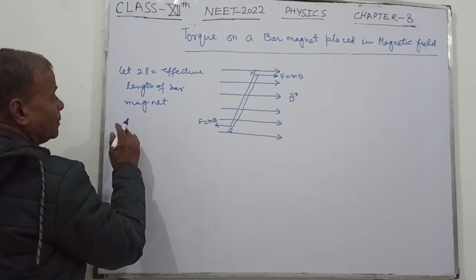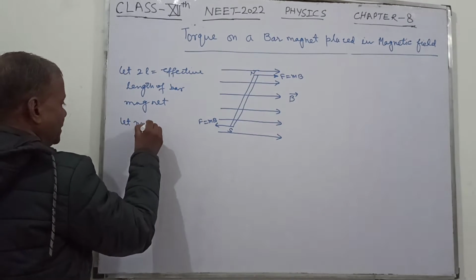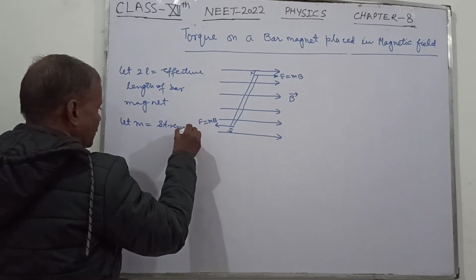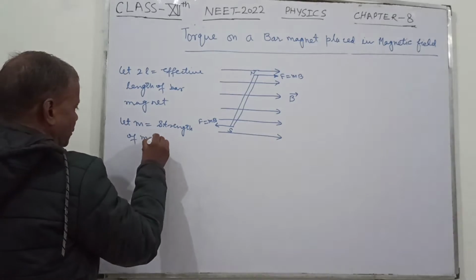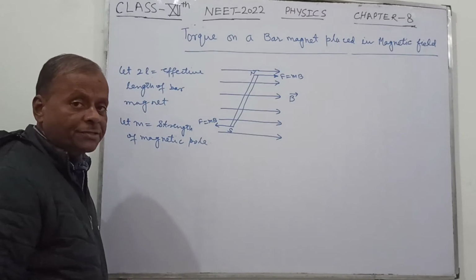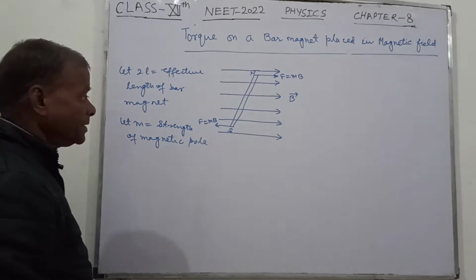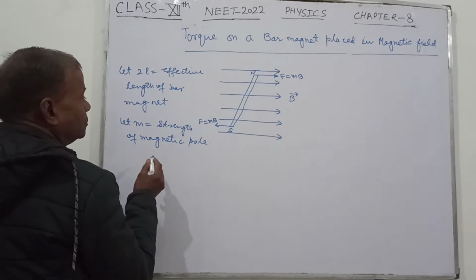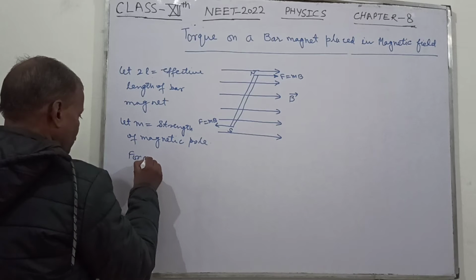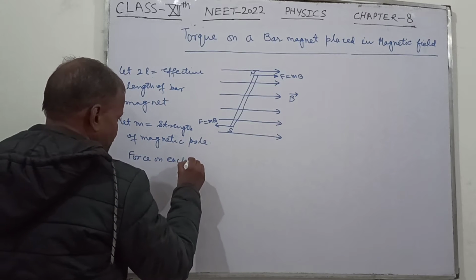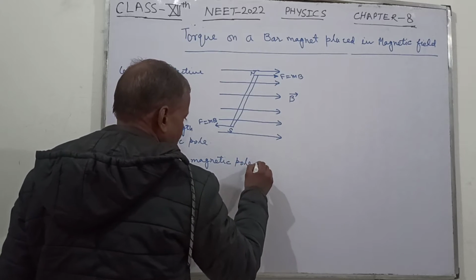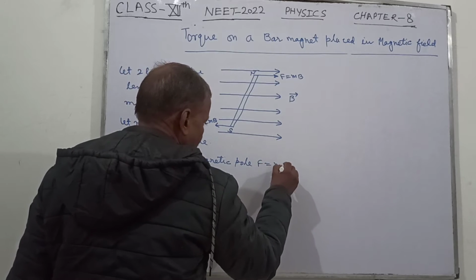So let m equal to strength of magnetic pole. Each pole is of the same strength, so force on each magnetic pole, F equal to mB.